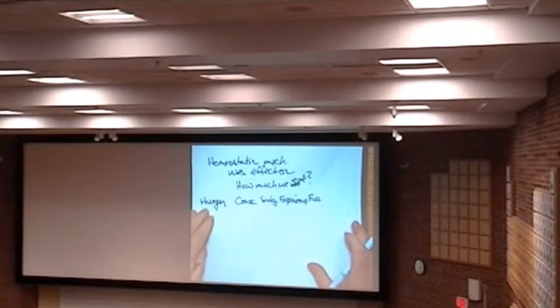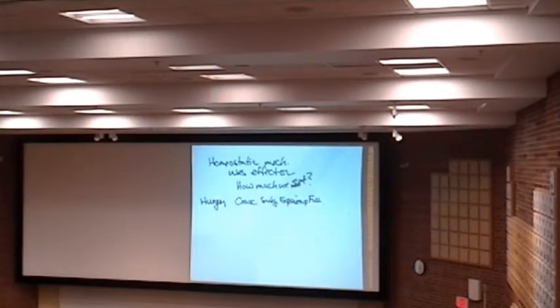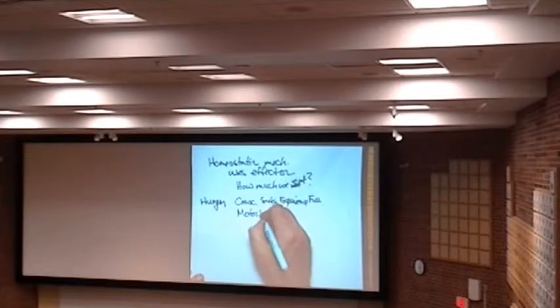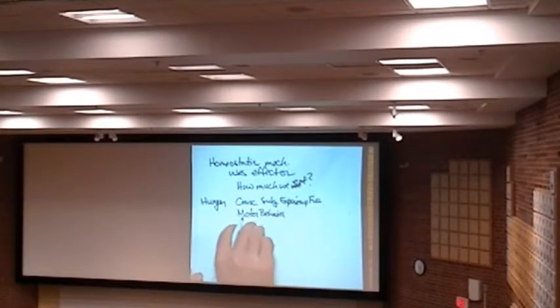Whether you feel hungry or whether you feel full will influence how much you eat. We also have how much we eat determined by motor behaviors. Motor behavior, movement. What controls how we move?